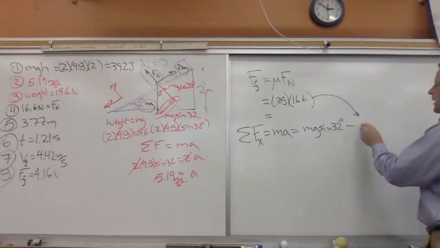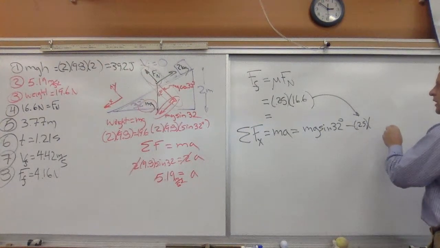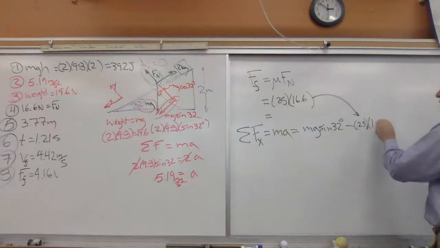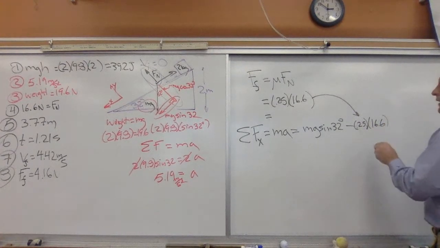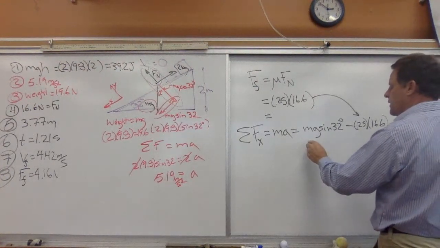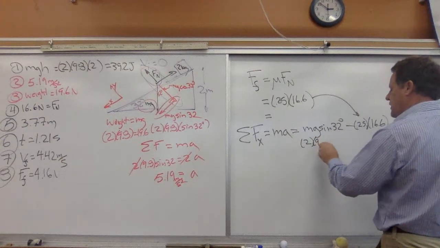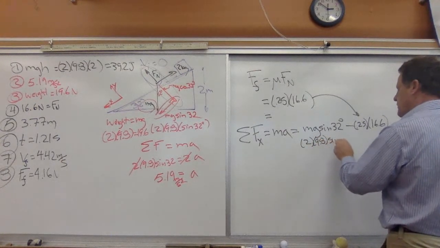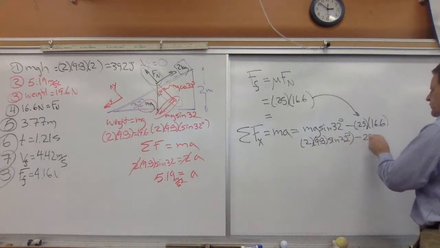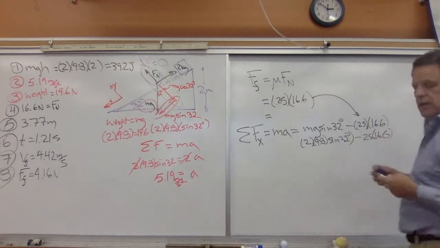That is going to be 0.25 times 16.6. So we ended up having 2 times 9.8 times the sine of 32 minus 0.25 times 16.6.